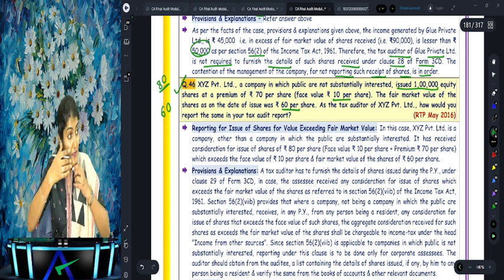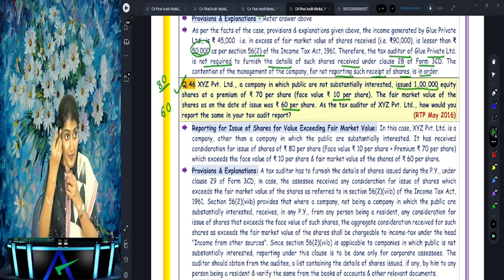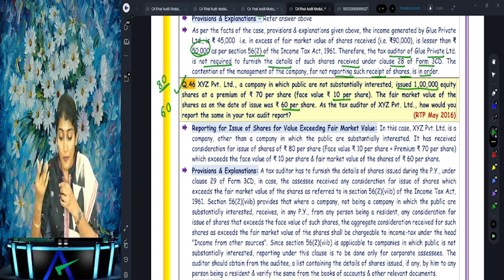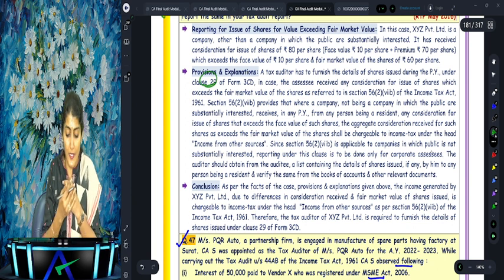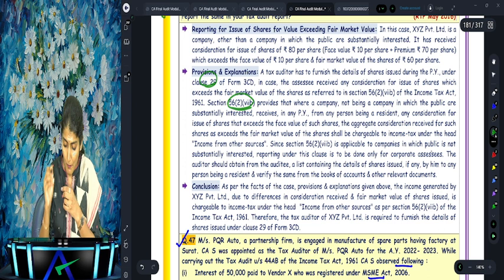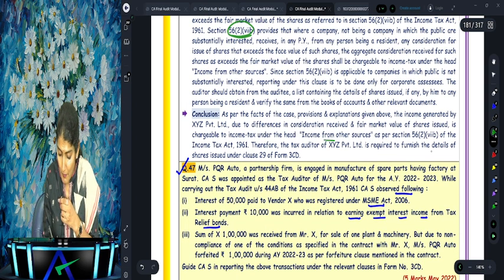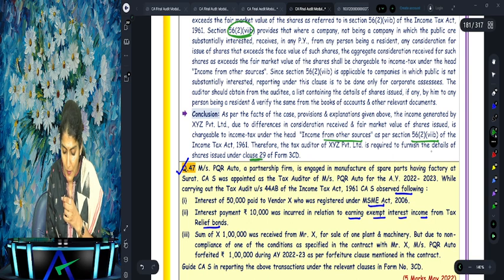So have they received consideration which exceeds the fair market value? Yes. So the same needs to be reported under clause 29 of Form 3CD. Again coming to 56(2)(viib), it is income from other sources as per 56(2)(viib), which is required to be reported under clause 29 of Form 3CD.